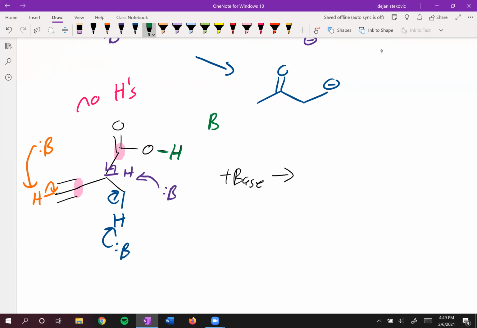Or in the case of this green one, we're breaking an oxygen-hydrogen bond. Then you can go ahead and draw all of your products. If we deprotonate this orange one, we'd be left with a negative charge right there.